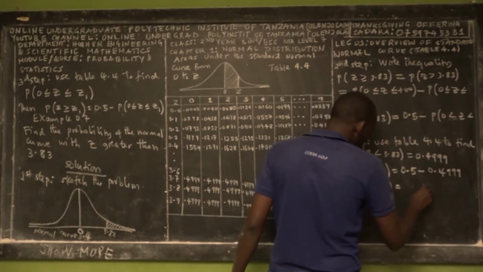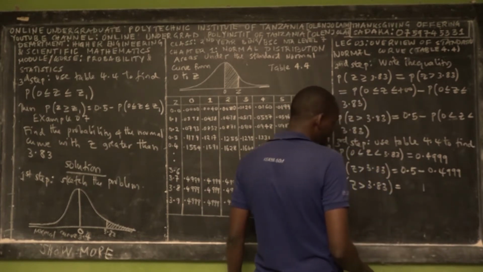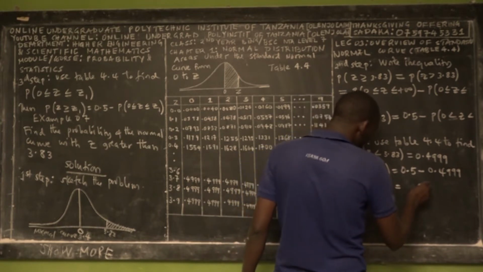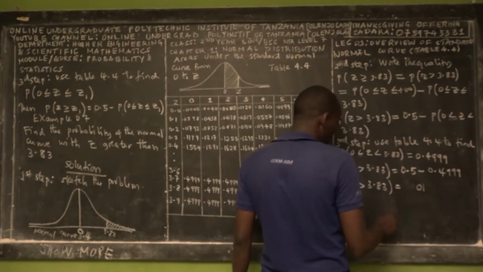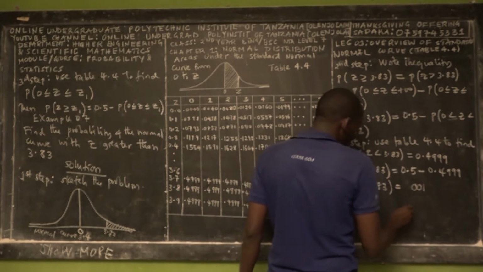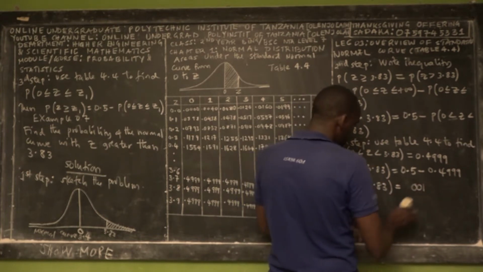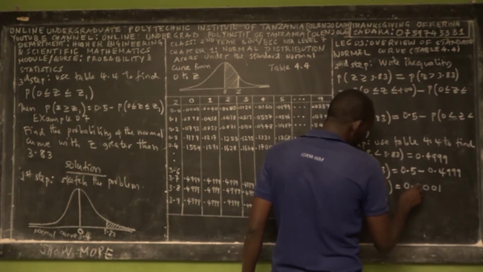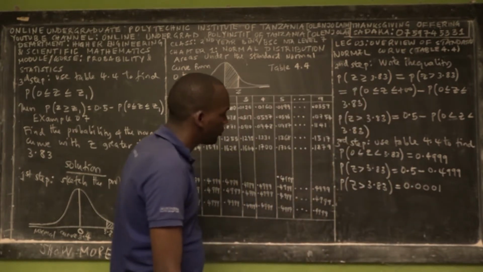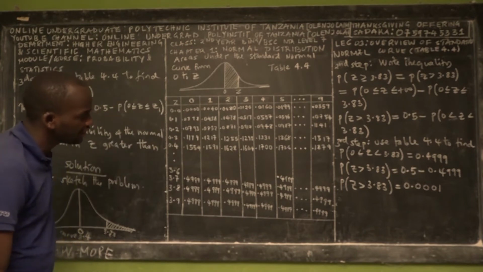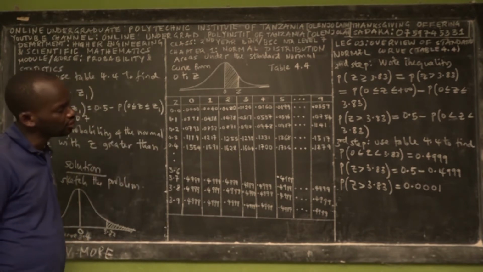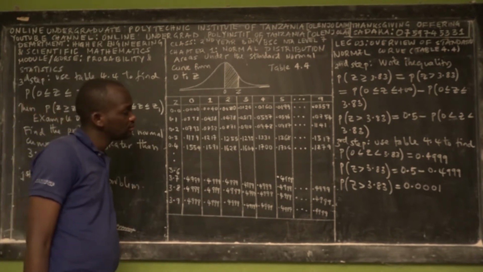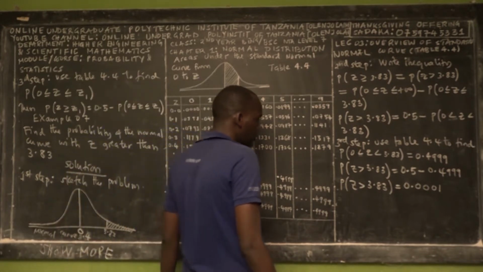You have 1, 10 minus 9 is 1, 9 minus 9 is 0, 9 minus 9 is 0, 9 minus 9 is 0. So it's 0, 0, 0, 1. So probability of z greater than 3.83 is equal to 0.001. Okay, so that's the response.